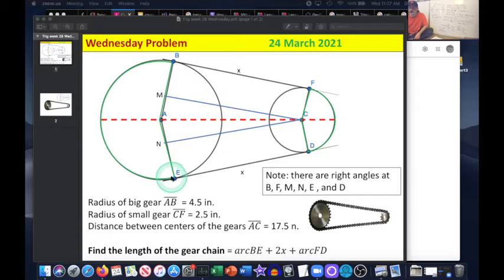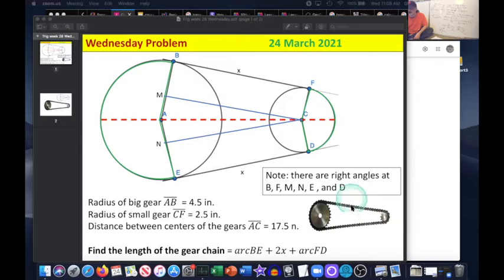So we want to find first the part of the chain to the left side of the bigger gear. That's an arc for the bigger gear. And then we want to find the part of the chain on the right side of the smaller gear, the arc of the smaller gear.